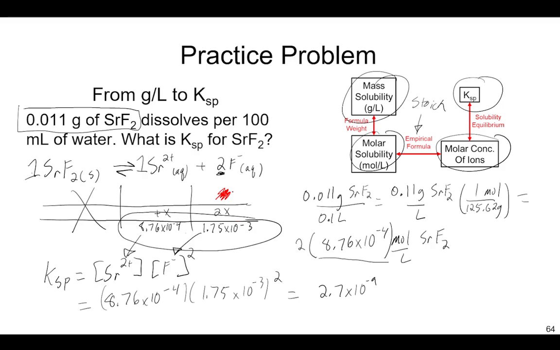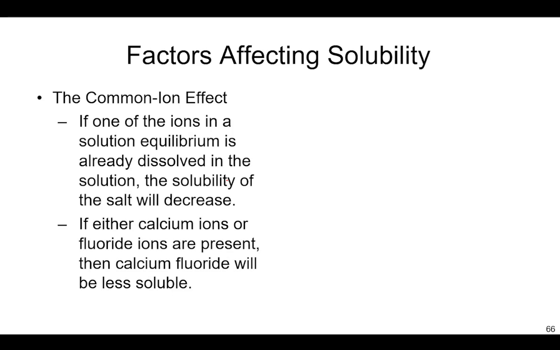So it might not be that there's 0 fluoride floating around. So you can have situations where there's going to be some other ion in common floating around, which we've covered previously when it came to aqueous equilibrium as the common ion effect. So we'll now apply this to solubility.